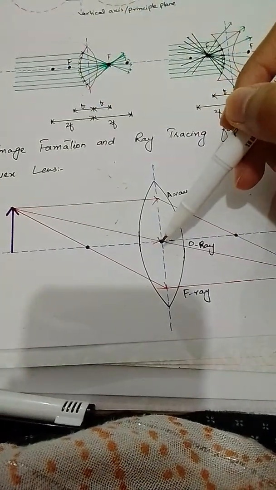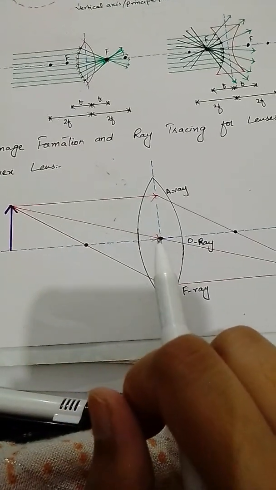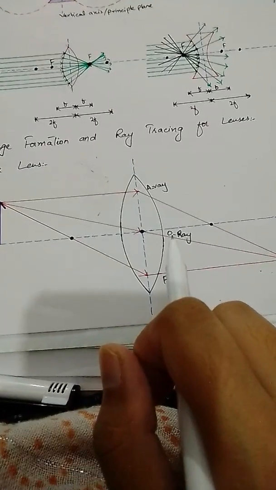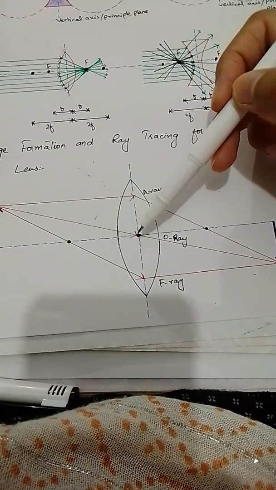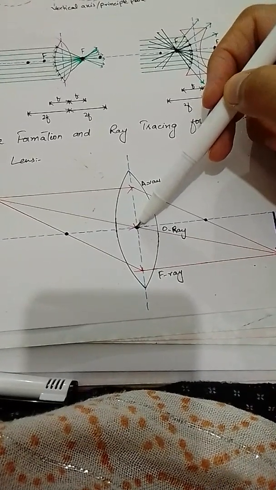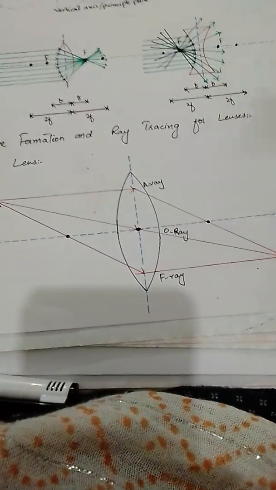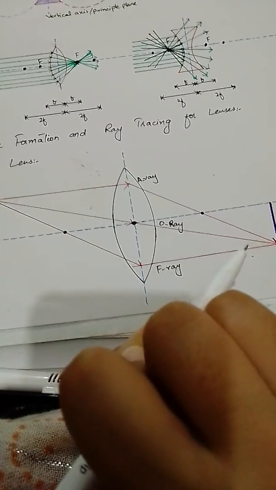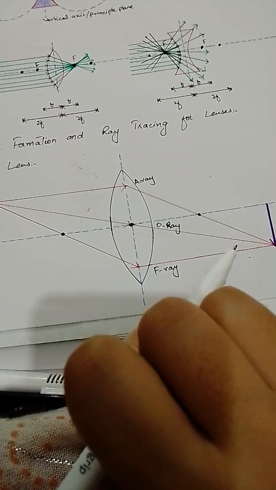We know that P rays strike the center of the mirror and get reflected back, but now we're going to call it the O ray. It acts just like that, but it won't get reflected in this case, it will get refracted. Now, there's a question: why is this line passing straight and not getting refracted?